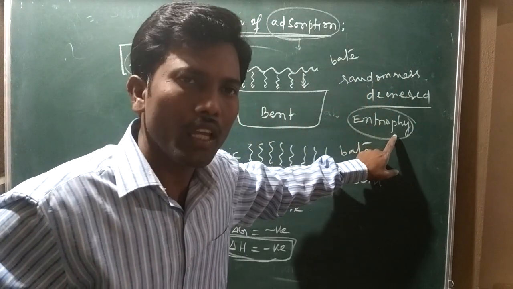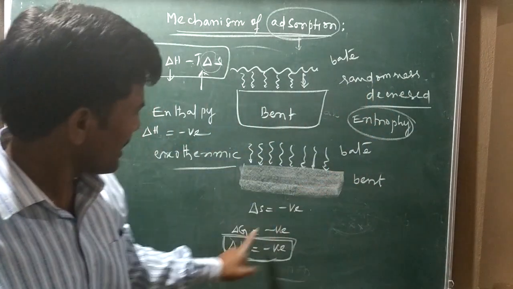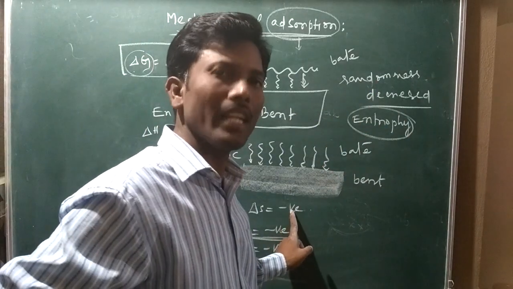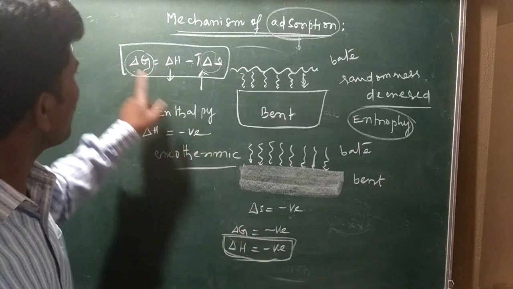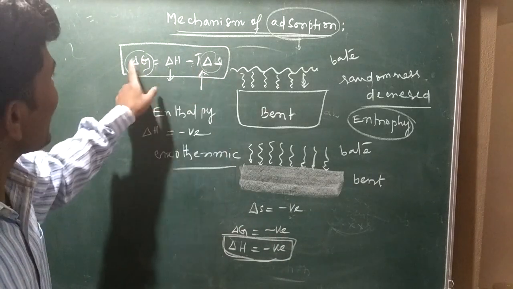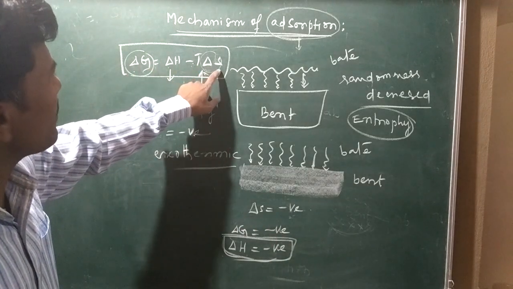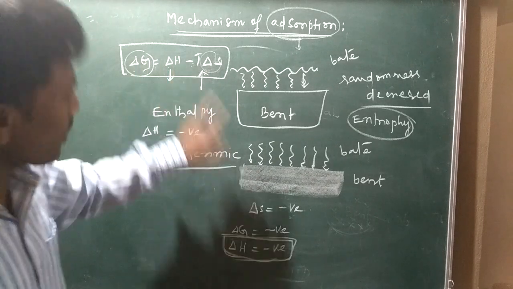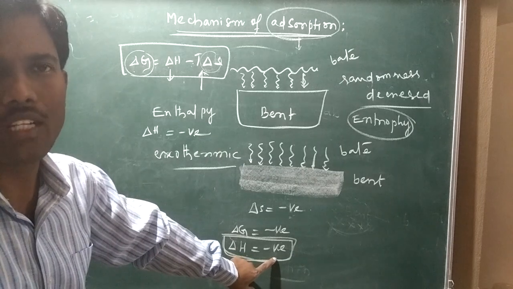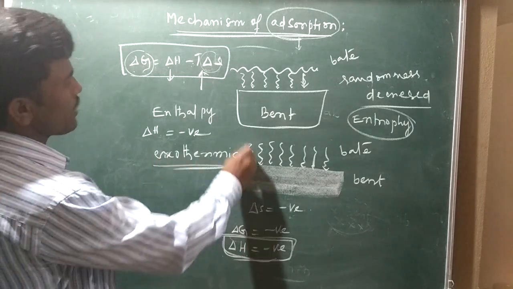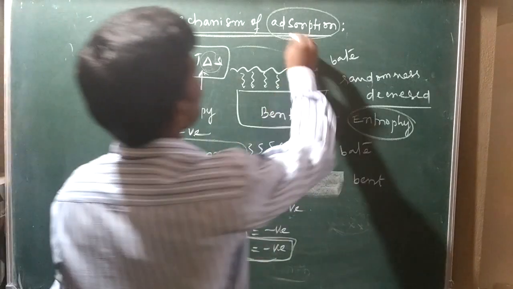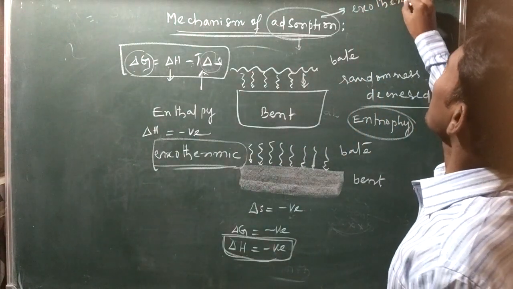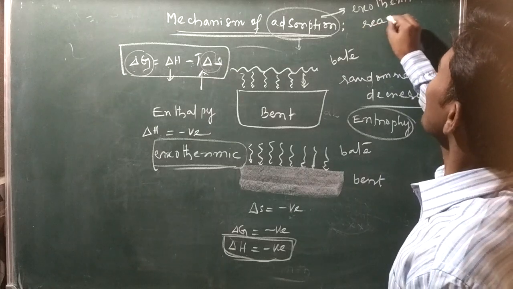Randomness is entropy, which is delta S. When randomness decreases, delta S is negative. According to Gibbs free energy, delta S negative means delta G is also negative. When delta G is negative, delta H is also negative. So delta H negative means it is an exothermic reaction. That means adsorption is an exothermic reaction.